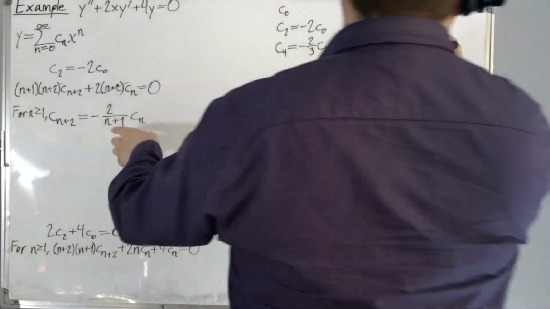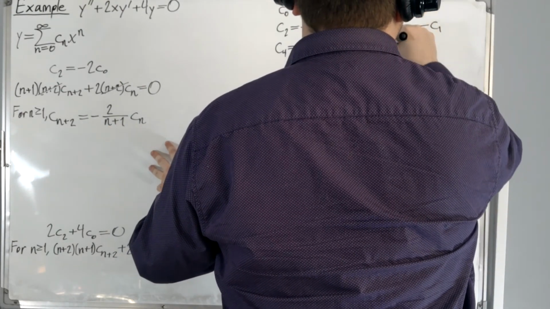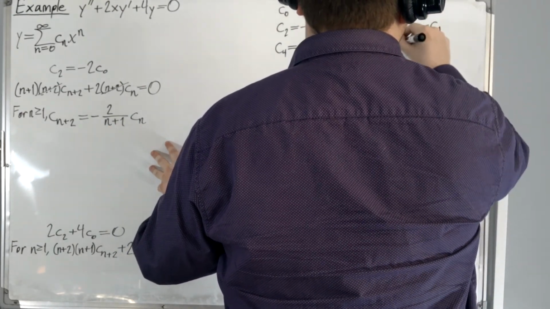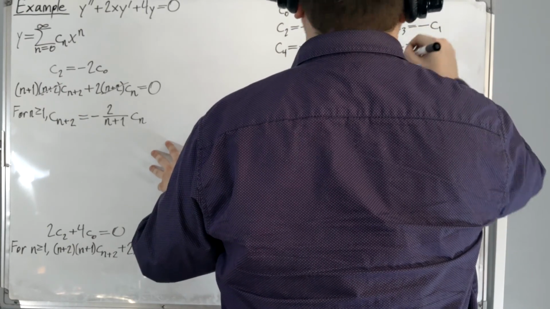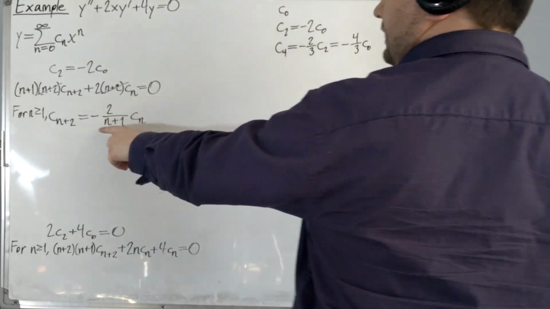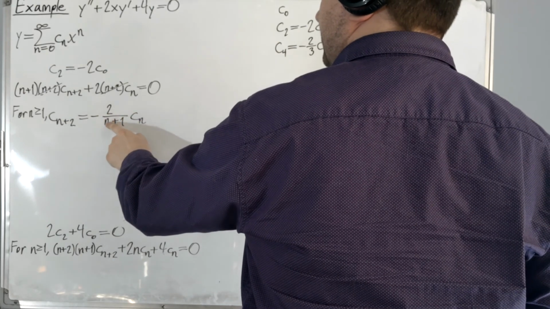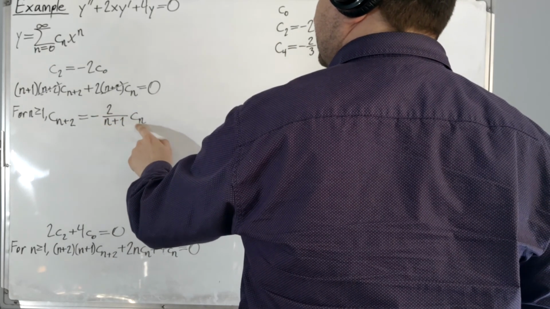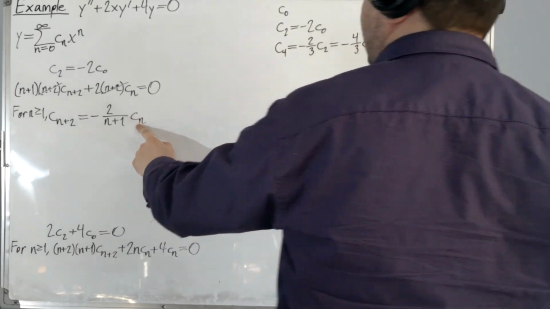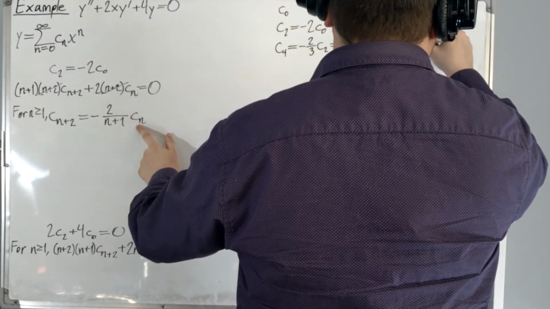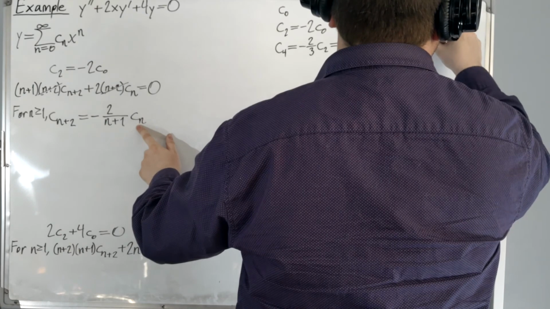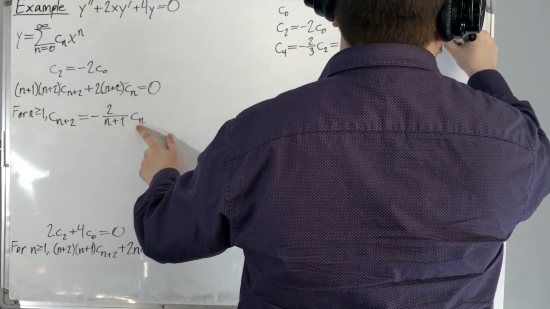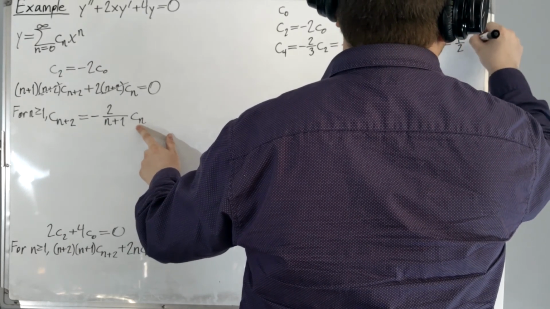Then C5 is going to be negative 2 over 4 C3, so negative 1/2 of C3, which is positive 1/2 of C1.